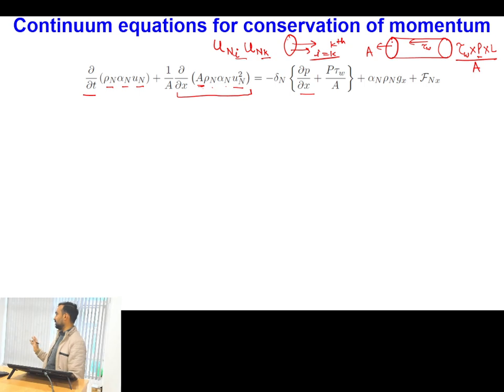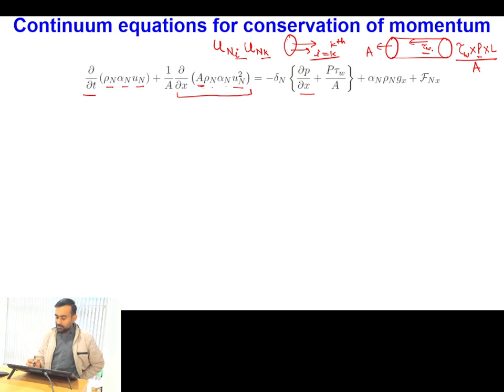Is this point clear? Because we are writing the equation on an area average basis, this is my cross-sectional area. And because all the velocity gradients exist only in a single direction, instead of defining the complete stress tensor, only one gradient in this direction will give me the wall shear. So I am directly using it.